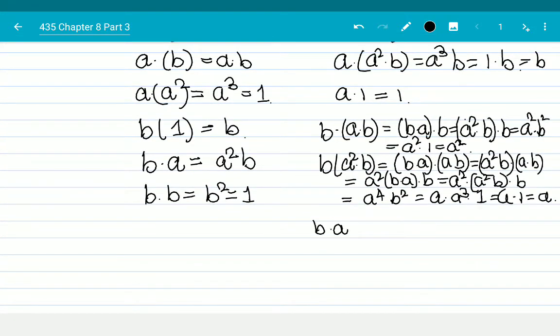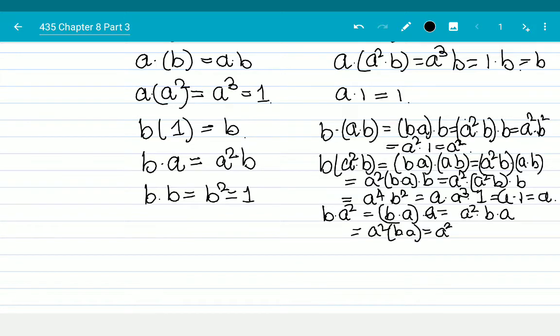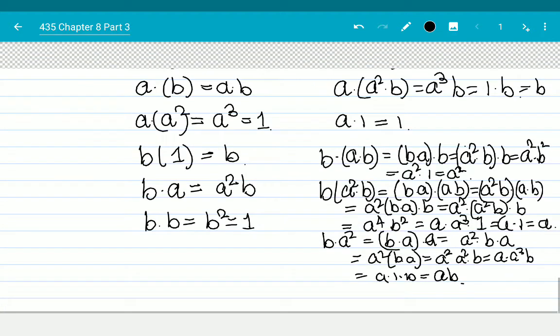Well, b times a squared is equal to b times a times a, which is a squared b times a, which is a squared times b times a, which again is a squared times a squared b, which is a times a cubed b, which is equal to a times 1 times b, which is ab. Okay, so it is closed.